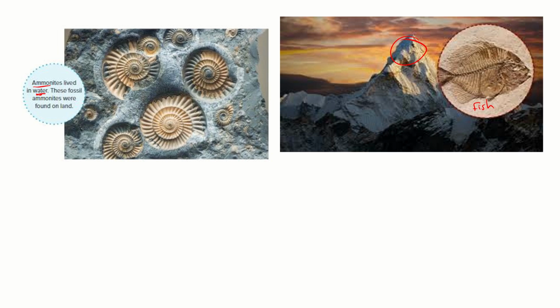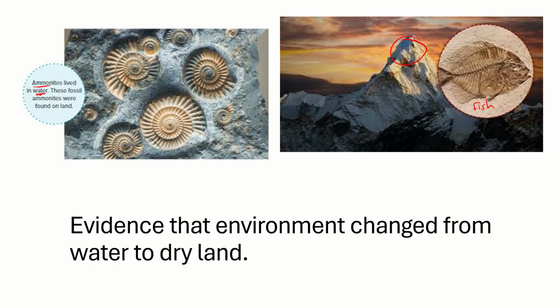And what does this tell us? It tells us that many years ago, this land was underwater, covered by water. So the key thing to look for is that it is evidence that tells me the environment has changed from water to dry land.